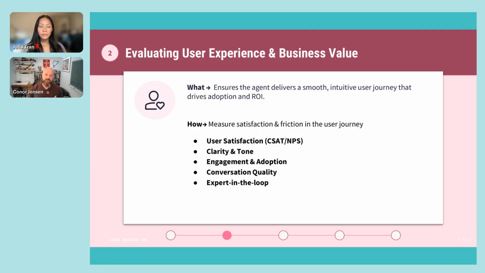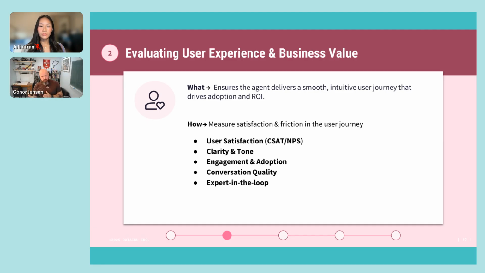Or did the person have to restate their prompt 3, 4, 5 times to help the agent actually understand it? So it's not just clarity and tone, it's also, is the agent reacting to the data that it's receiving the right way? Is it answering things succinctly? Is it straightforward? All that type of stuff.